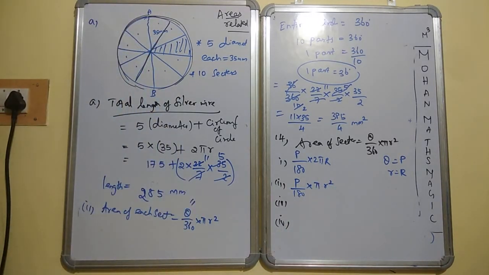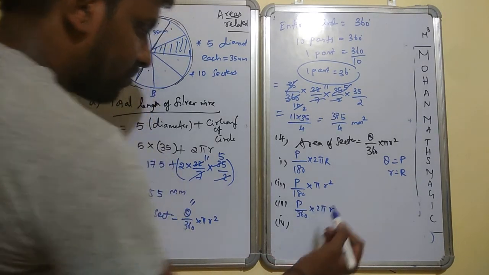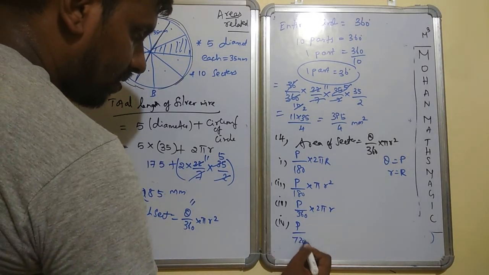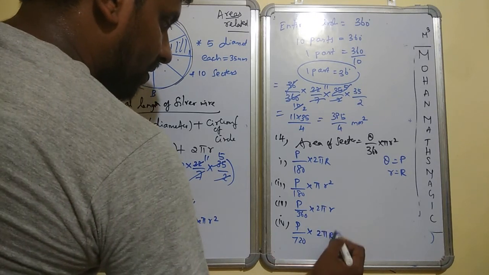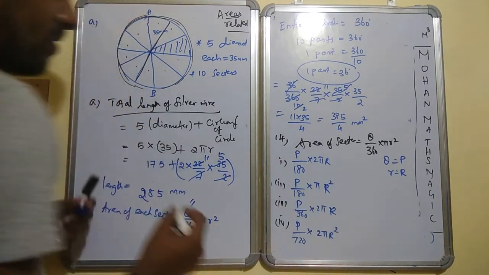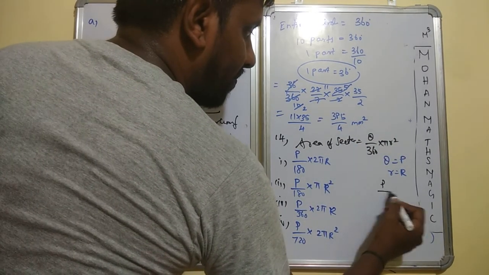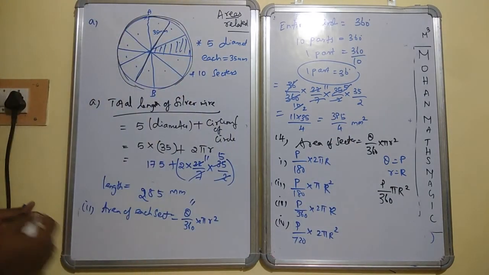Third option, P by 360 into 2 pi r. And the last option, P by 720 into 2 pi r square. Which one will come? What I actually want is, instead of theta, P by 360 into pi r square. I have to see where this is. Does P by 360 into pi r square come anywhere?